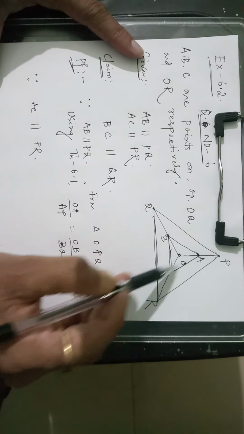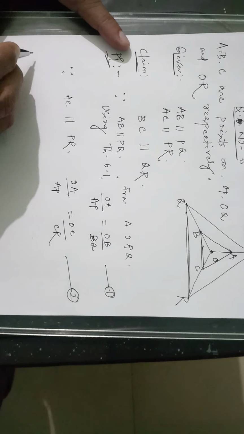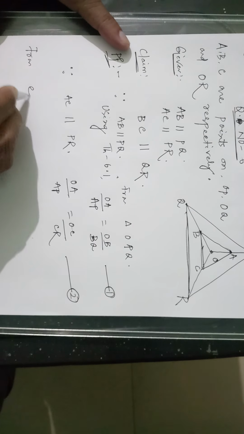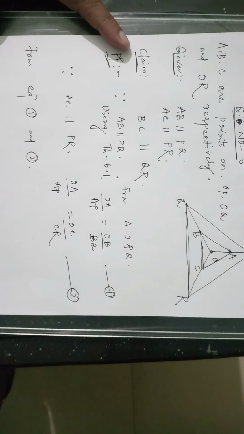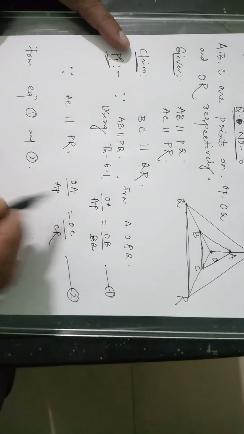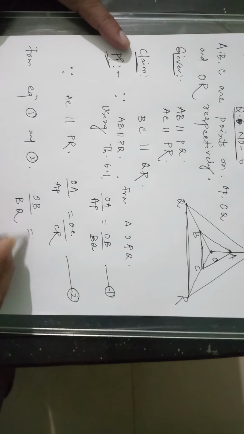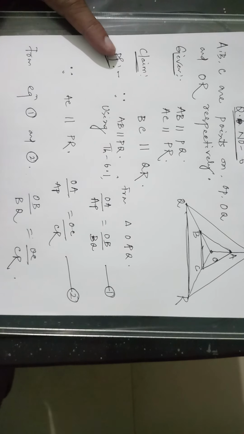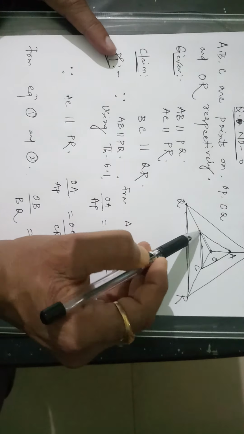Now you compare the two equations, equation 1 and equation 2. As the left hand sides are equal, the right hand sides you can write: OB by BQ equal to OC by CR.